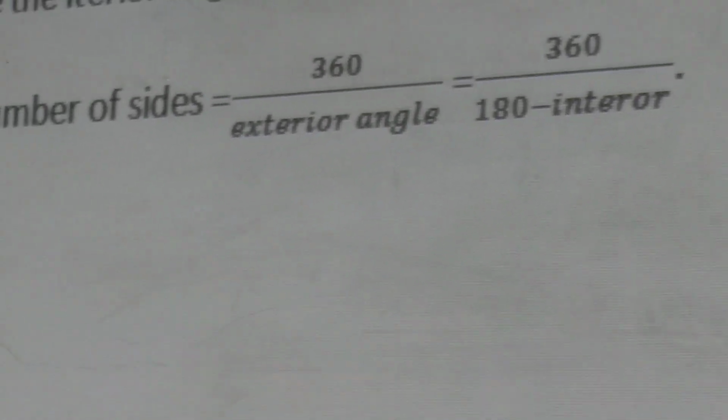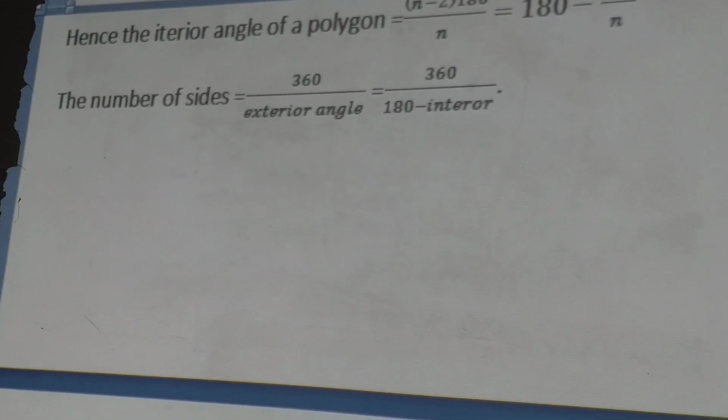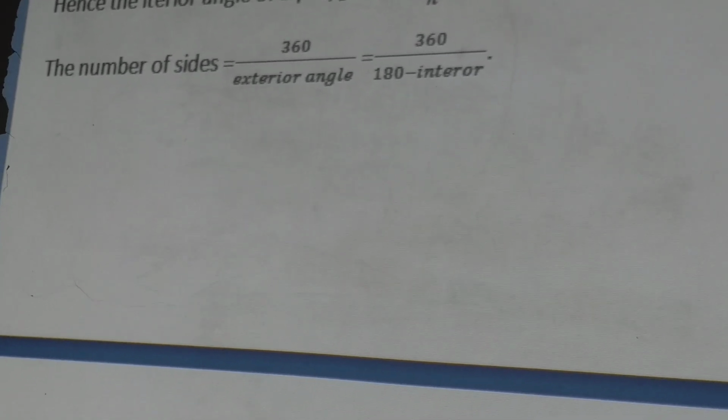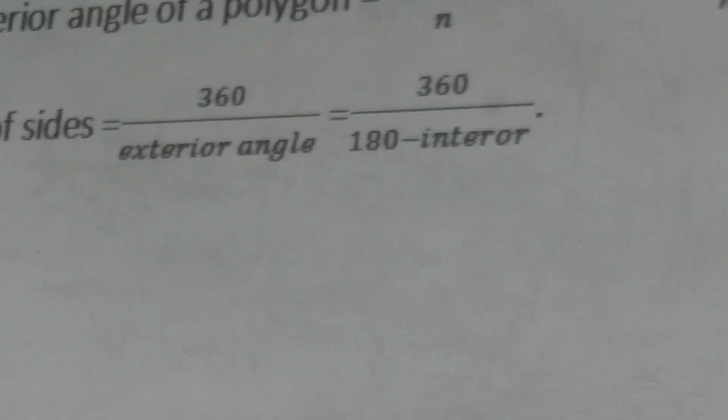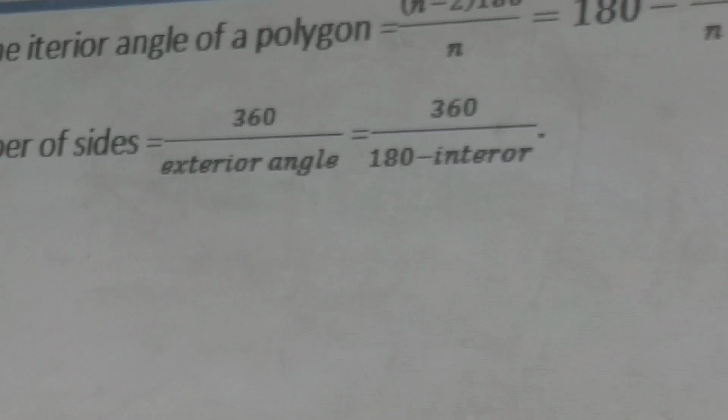Suppose you are given the interior angle, the number of sides is equal to 360 over 180 minus that given interior angle. That will give us 360 over exterior angle.